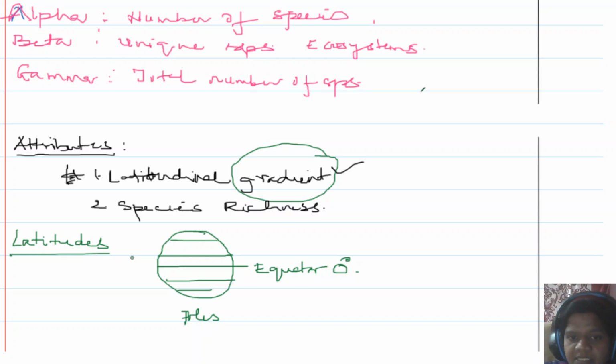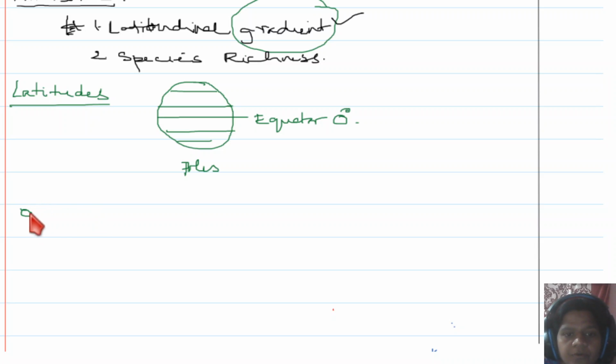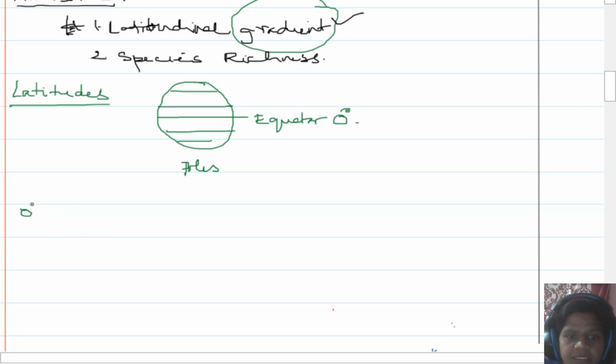So let's see what this latitudinal gradient is. If this is the planet Earth, and this is the equator, some researchers studied how the variety of birds differs when we go from the equator to the poles. He took 3 different places. One is at 0 degree latitude.